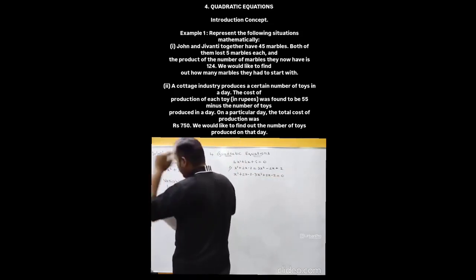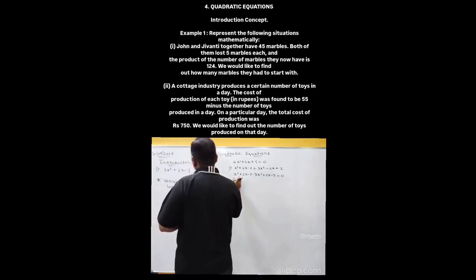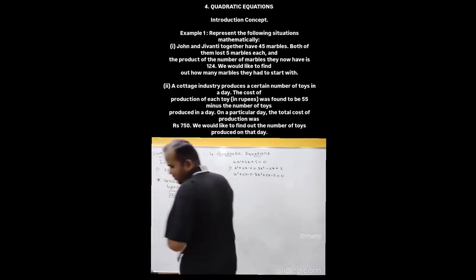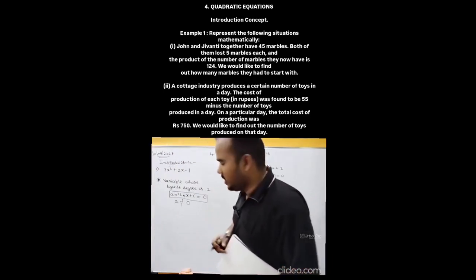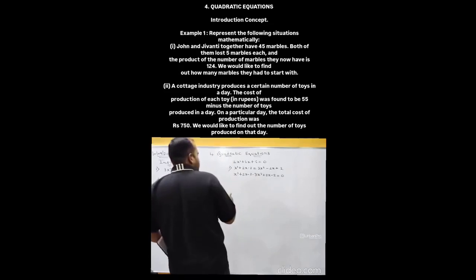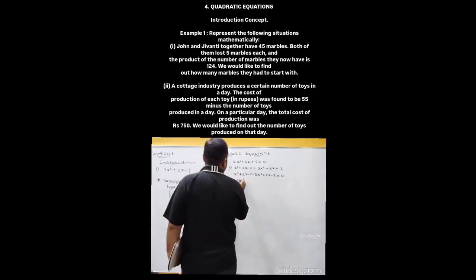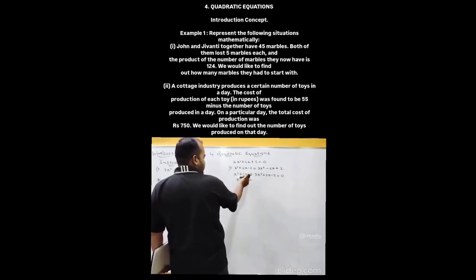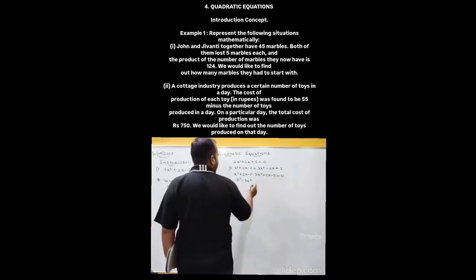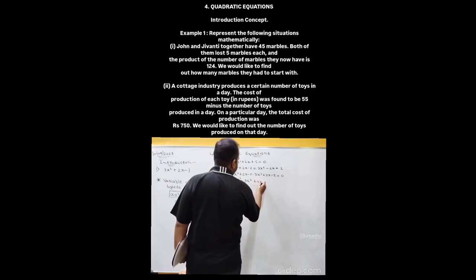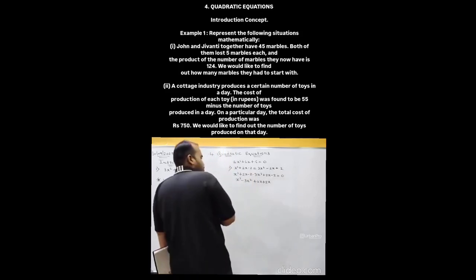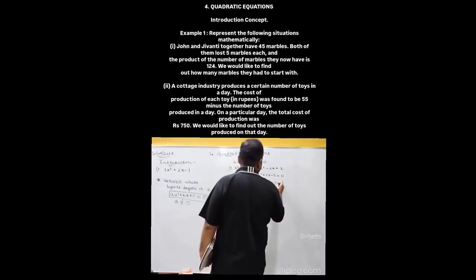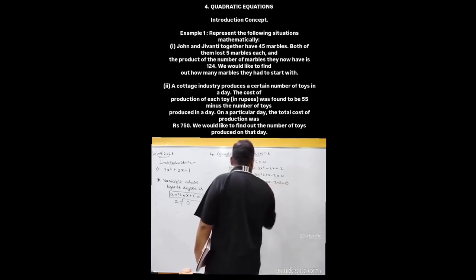Now separate the x square terms: x square here, minus 3x square here. Then separate the x terms: plus 2x, here also plus 2x. Afterwards separate the constant terms: minus 2 is equal to 0.